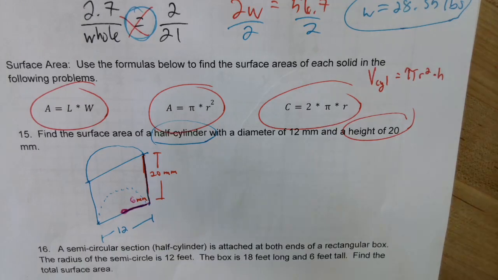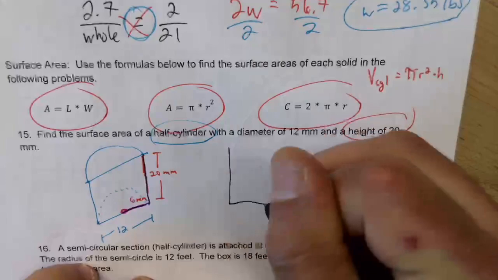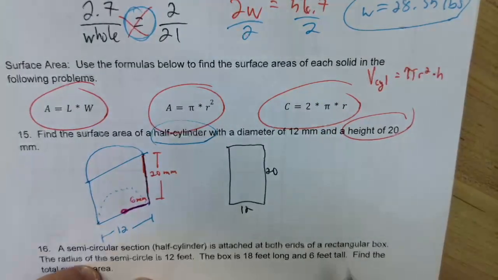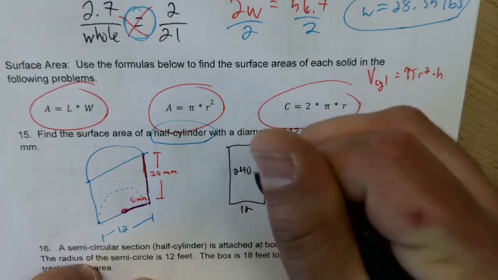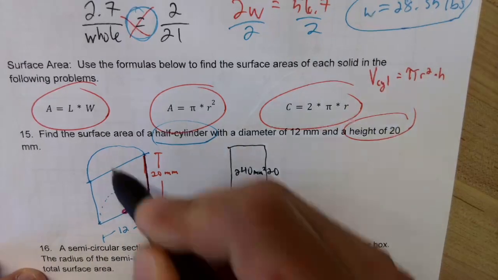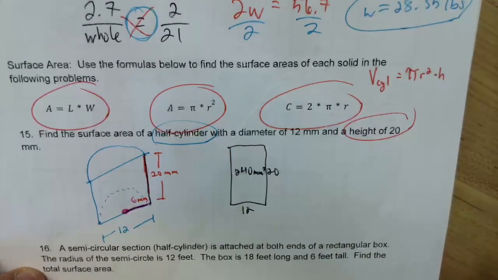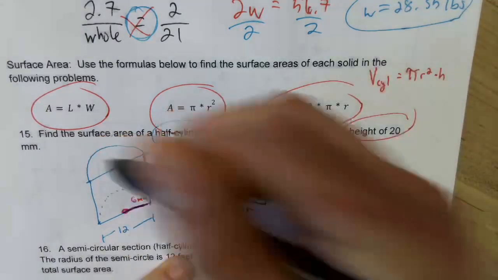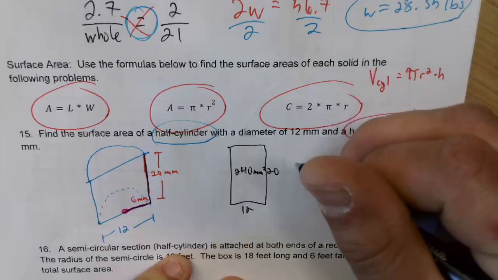All right, so if I draw it, I'm going to have a 12 by 20 rectangle for that front. So that'll be 240 square millimeters. Check. How many other surfaces do I have? I've got the top and bottom, which are both semicircles. 2 half circles combine to make a single whole circle. So I can just find the area of a circle with a radius of 6.